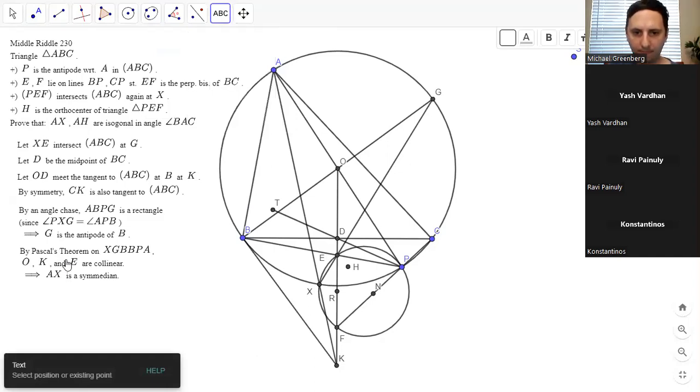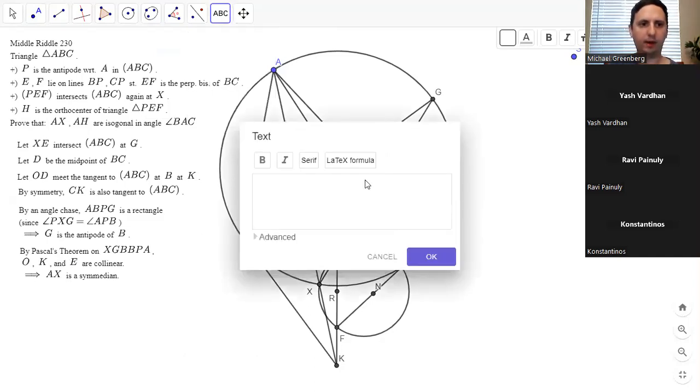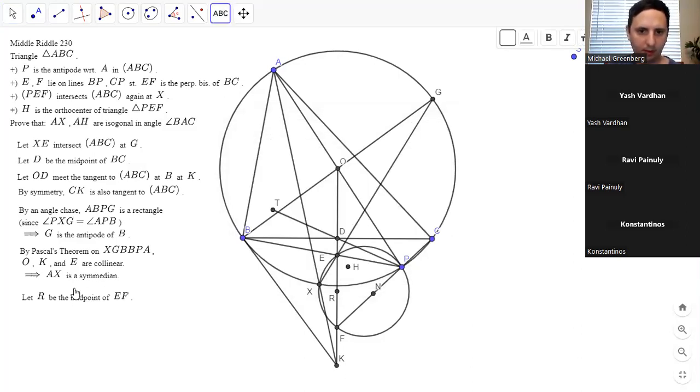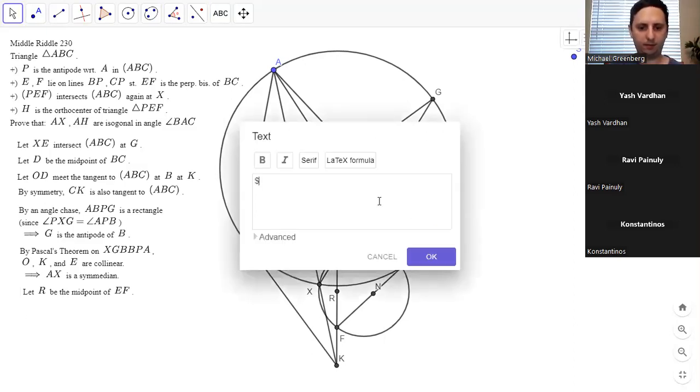All right, so let R be the midpoint of EF. Then we want to show PH is perpendicular to DR. PEF is similar to ABC.